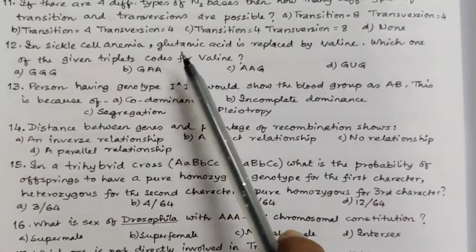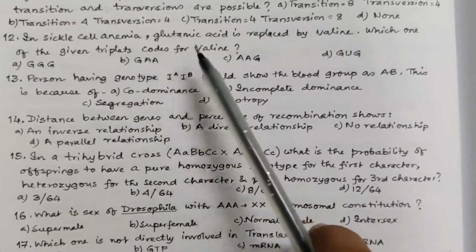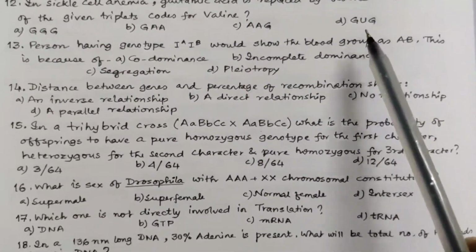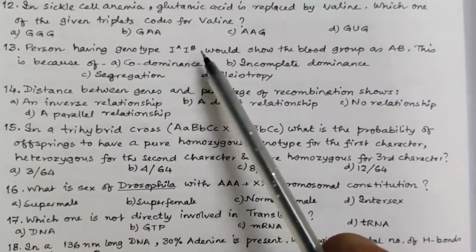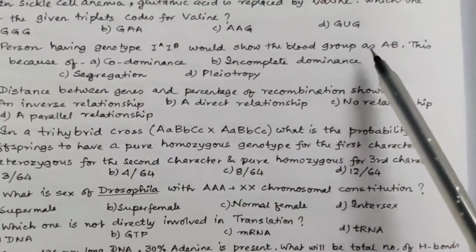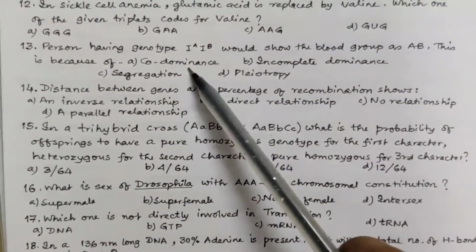In sickle cell anemia, glutamic acid is replaced by valine. Which one of the given triplets codes for valine? GUG. A person having genotype IAIB would show the blood group as AB. This is because of codominance.